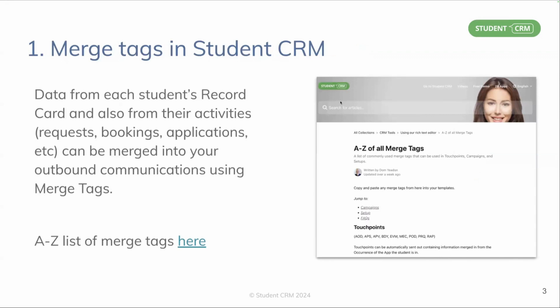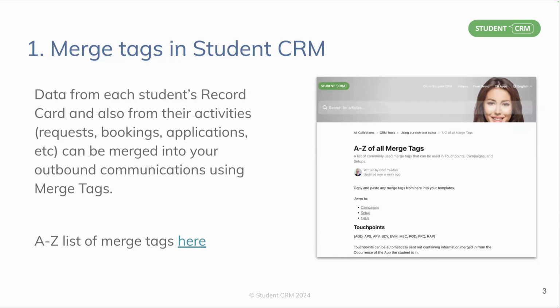So merge tags in Student CRM, starting right from the very simplest concept. Data from each student's record card in the student database, and also from their activities, so any prospectus requests, any bookings, any applications made. All of the data stored can be merged into your outbound comms, and it gets done by using merge tags.